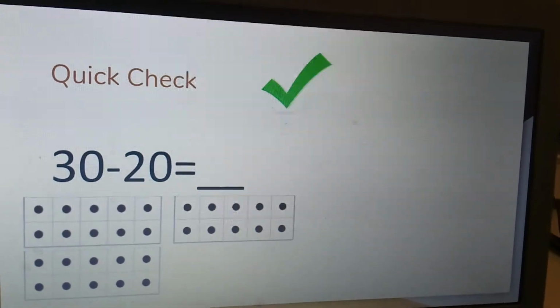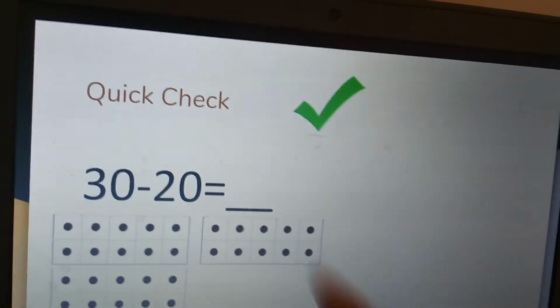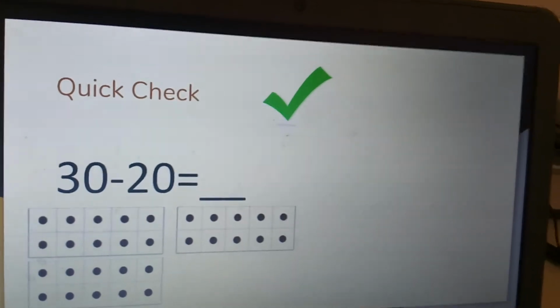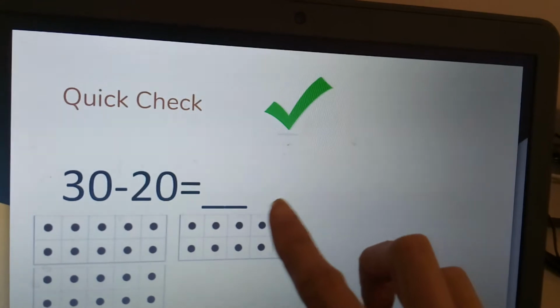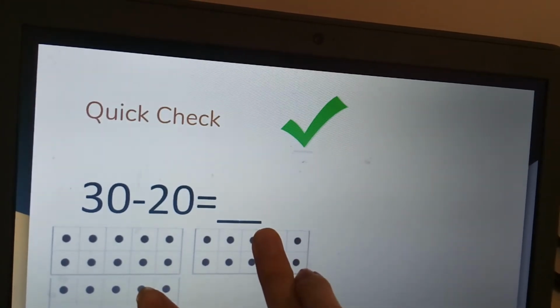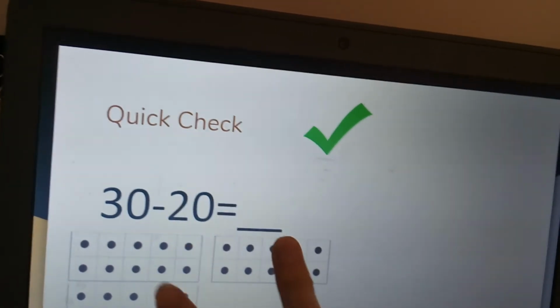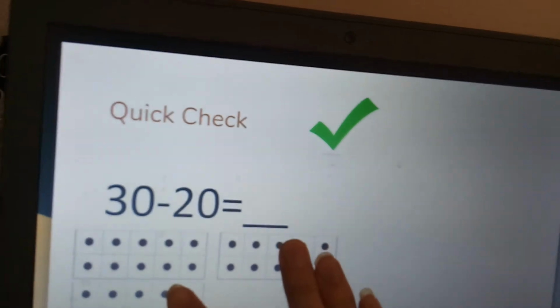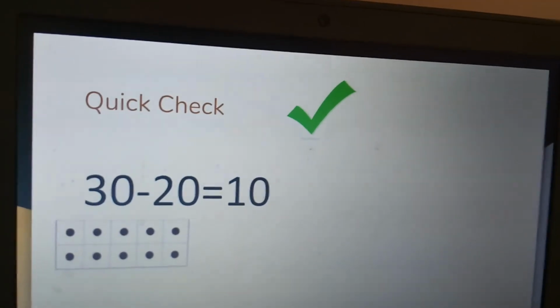I say I have 30, take away 20, and I have 10, 20, 30. So I know this is asking me that I need to take away 20, which is 2 10s. So I'm going to pretend I'm going to cross out that one and cross out that one. And because of that, I think my difference is 10, because 1 10 frame card is left. Let's check our work. It's 10.